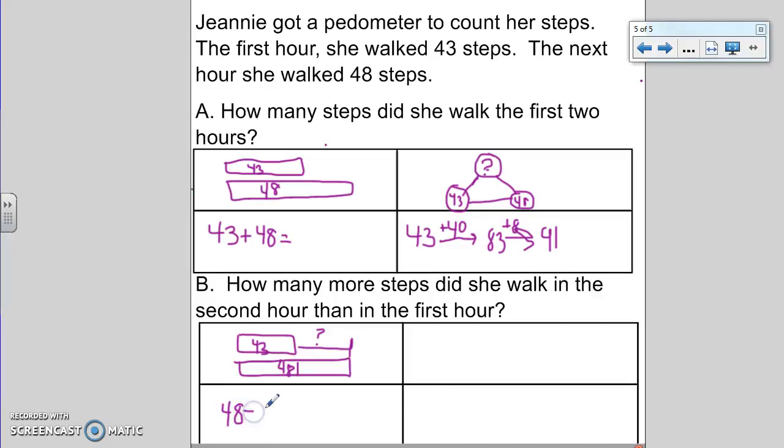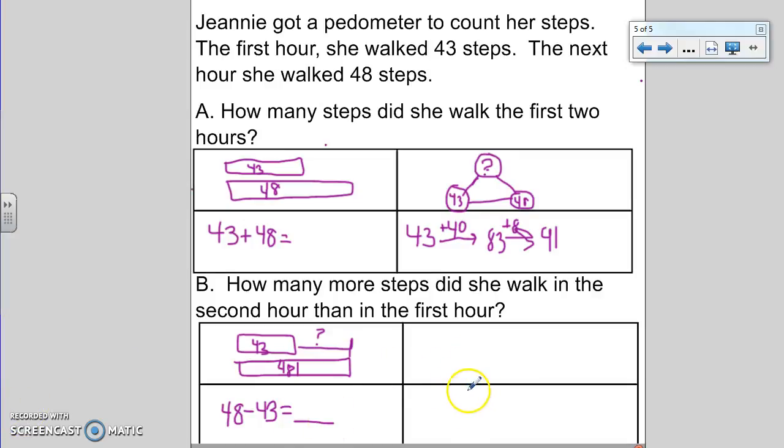So the bigger amount is 48, and we can subtract the part that we know, which is 43, to find out how much more she walked in that second hour. So again, you're going to choose the arrow method or vertical form to solve the second part of this problem. Press pause and then press play when you're done to check your work.